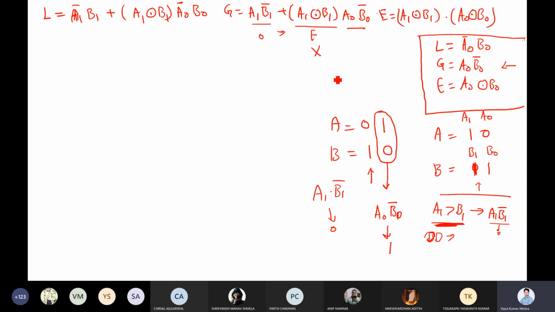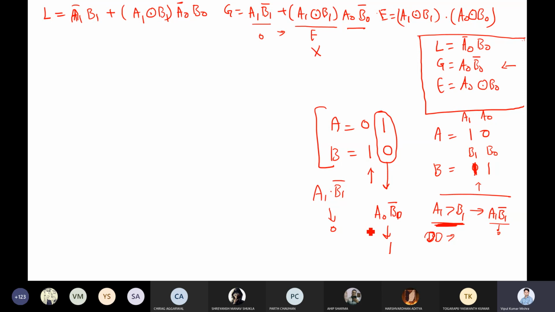Suppose this term is not there, and we only check greater than. Then what will happen to this question? It will say A1 is not greater than B1, but A0 is greater than B0. Got it? Yes, sir.